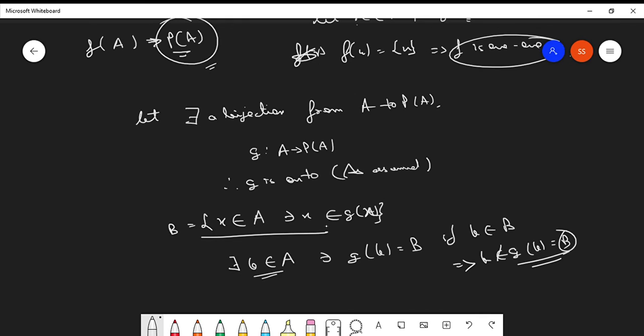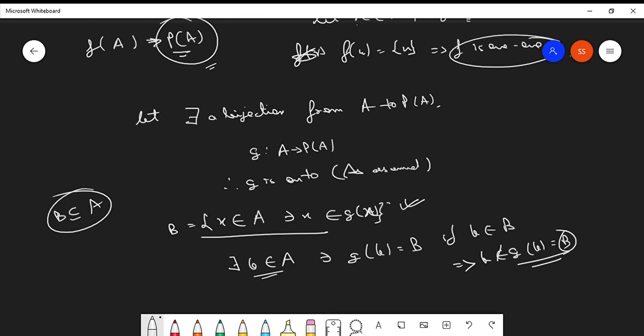So you have defined this set. Now you take an element small b which belongs to capital A, such that g(b) belongs to capital B. This is true kind of, right? Because the function moves from this set to its power set, so images of this function are always subsets of capital A, and B is basically a subset of capital A itself.